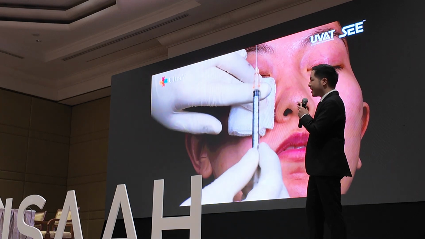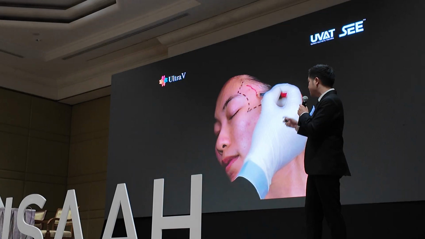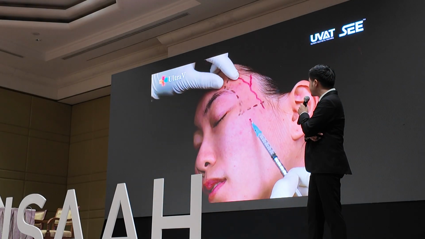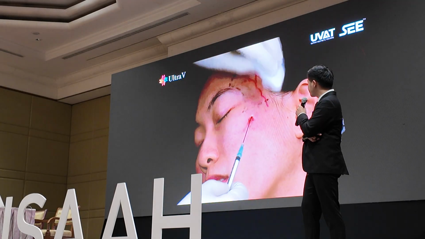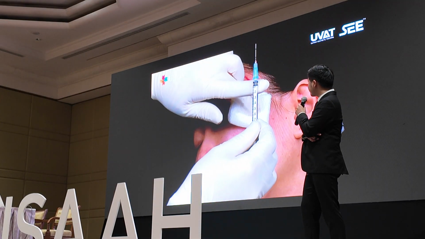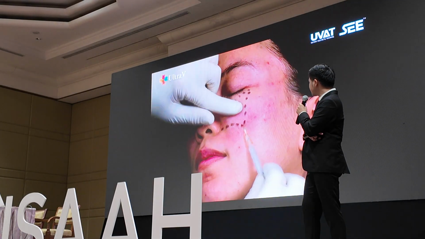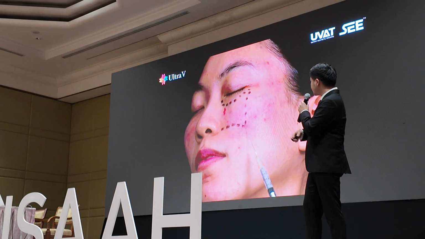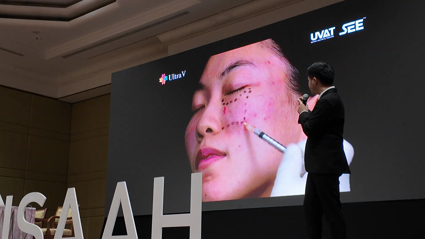I use only 2 areas, right? Just the temporal zone and the infraorbital zone. And I do the same thing on the other side. Please notice, take a look at the depth of the cannula.